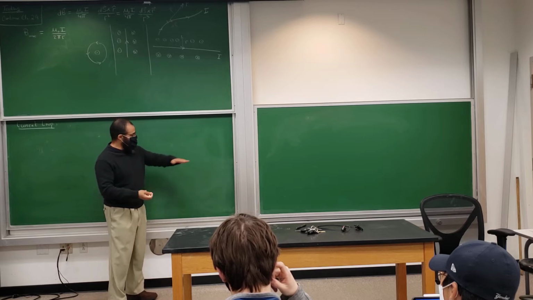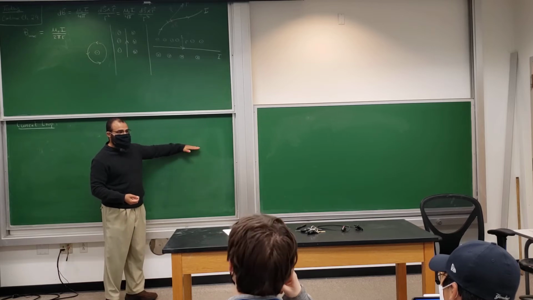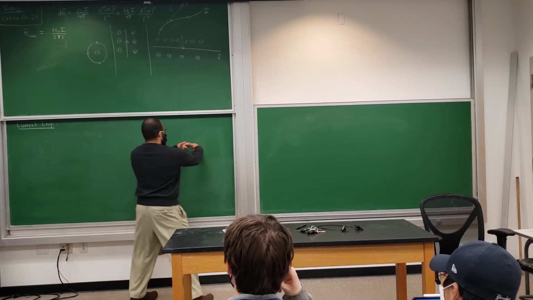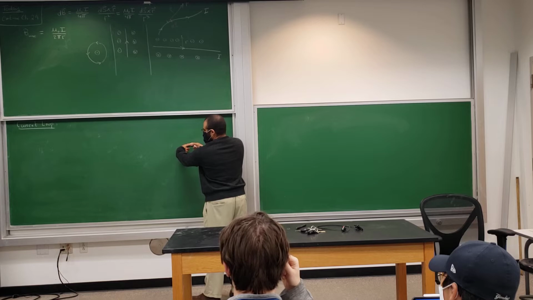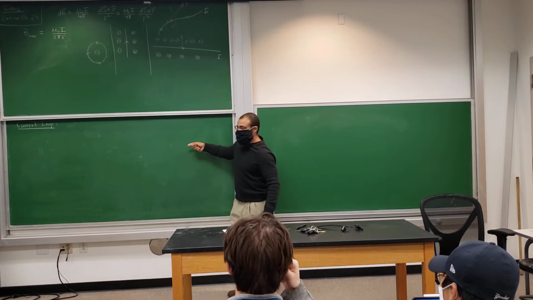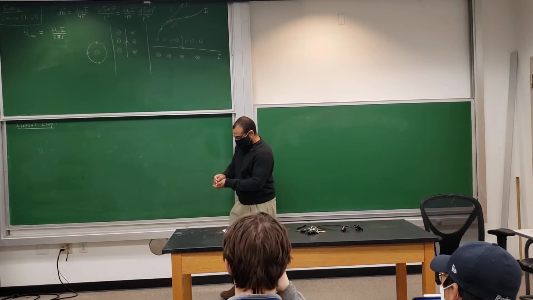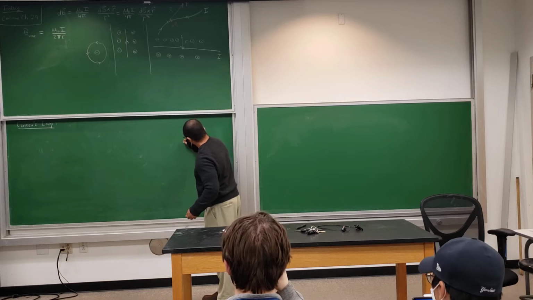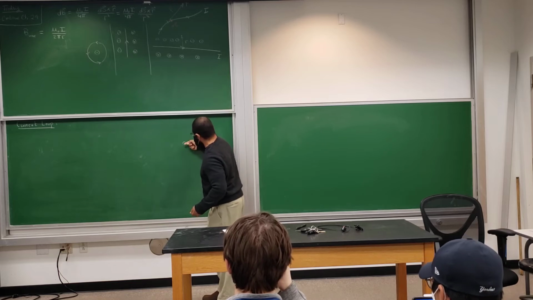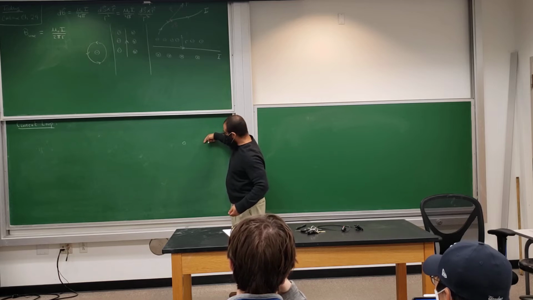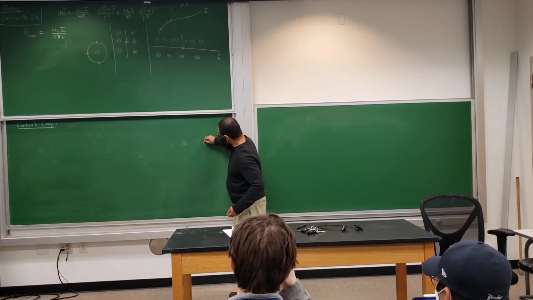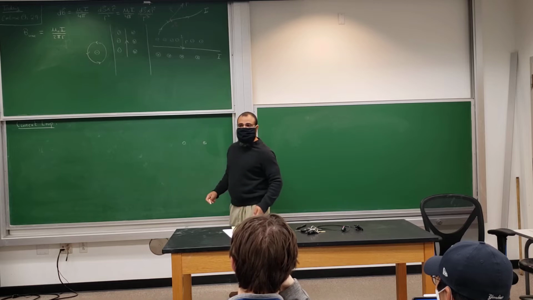I'm going to orient the loop this way. So the loop is like this. I wish I had a loop, but this is the loop. Does that make sense? So the current on this side will be coming out of the board. It loops around, and then when it gets here, the current is going into the board, right? It's going into the board.